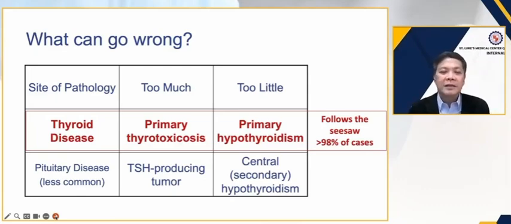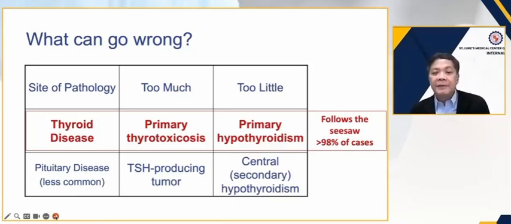In my 20 years of practice, I've never diagnosed one on my own. I've only followed a couple. And if you see a picture of a TSH-producing tumor in the thyroid function test, which we're going to talk about in a bit, you should probably think about a lab error.